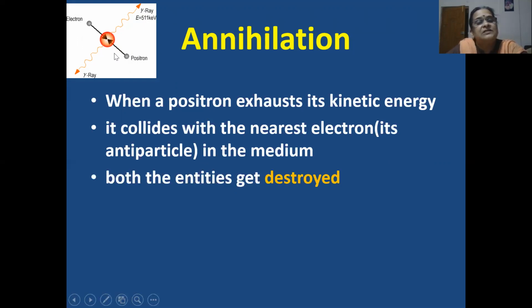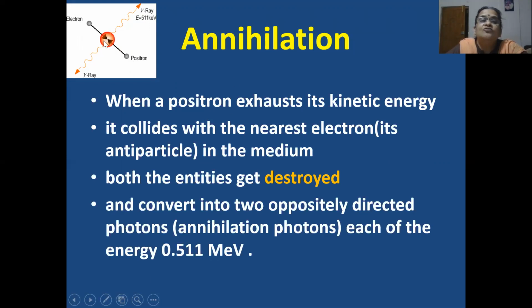Both of these entities get destroyed, annihilated, and convert into two oppositely directed annihilation photons, each with an energy of 0.511 MeV, that is 511 keV. That is the rest mass of each of these, which have been converted from matter to energy. It's actually the opposite of the pair production that I talked about in the last presentation.